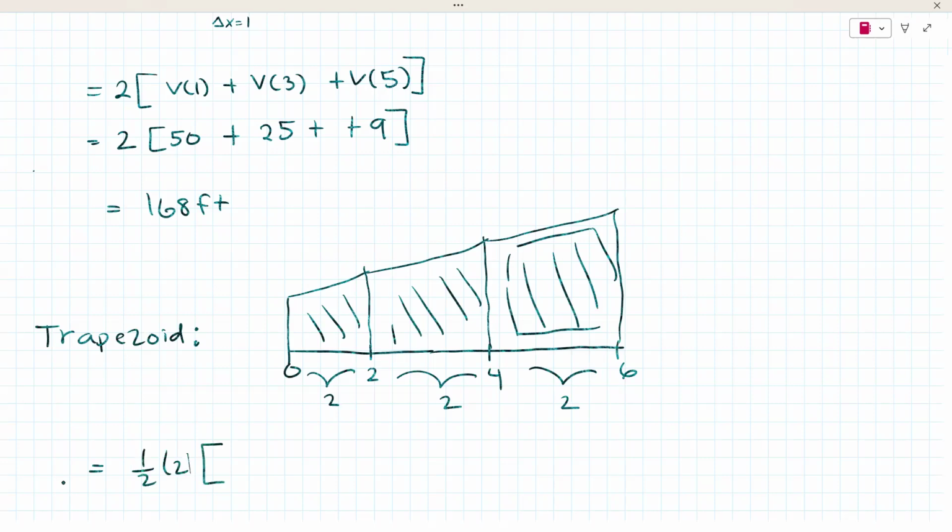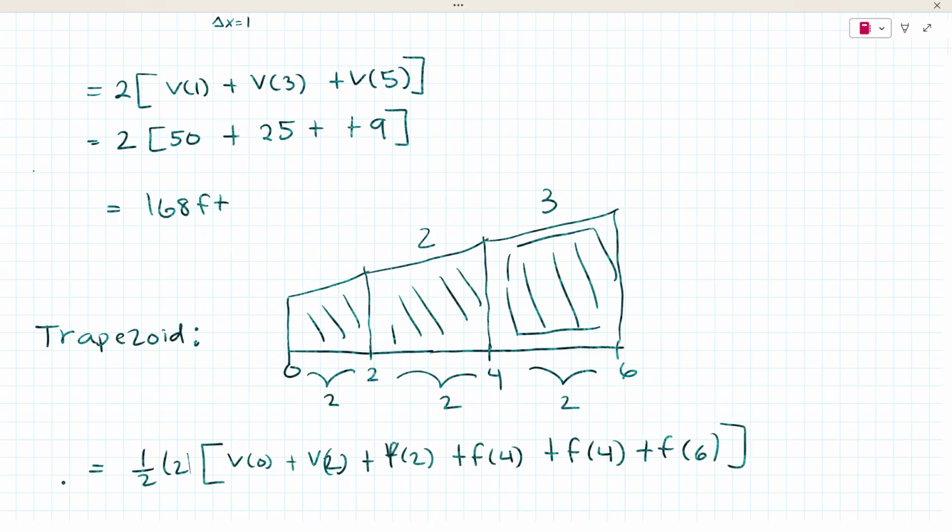Then if you look at the first trapezoid, we have to find the heights at 0 and 2, so v of 0 plus v of 2. Plus, for the second one, you're going to find the height of 2 and 4. And then for the third trapezoid, you find the height of 4 and 6. Whoops, why did I put an f?